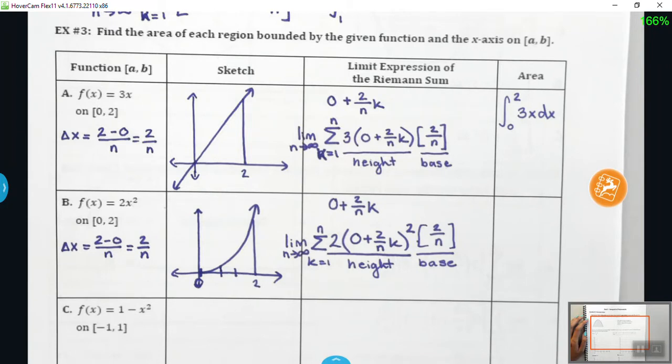Sarah, why does k equal 1? Because for a right Riemann sum, you always start one subinterval away from your initial point. So doesn't n mean that you don't know the subinterval? No, n means the number of subintervals.